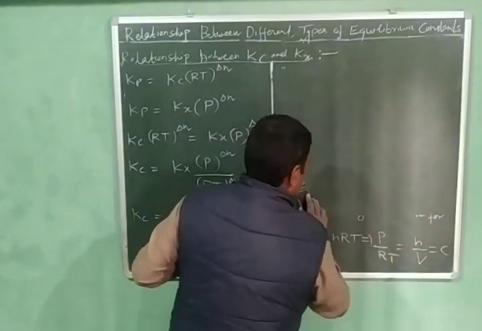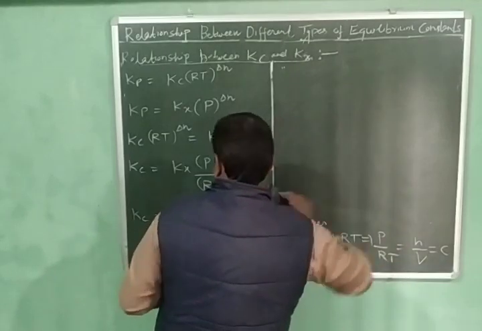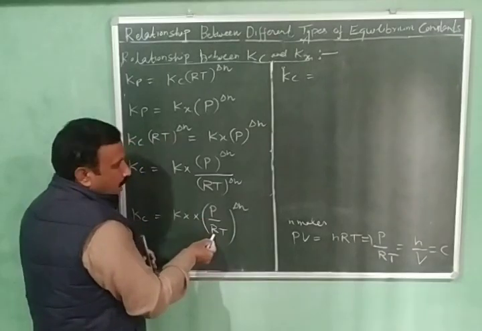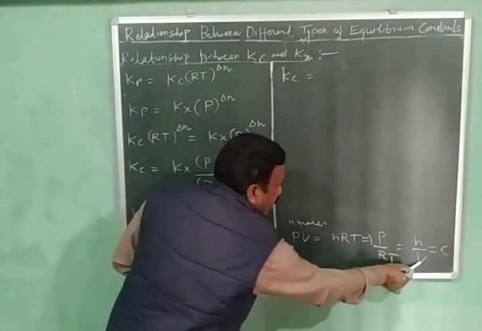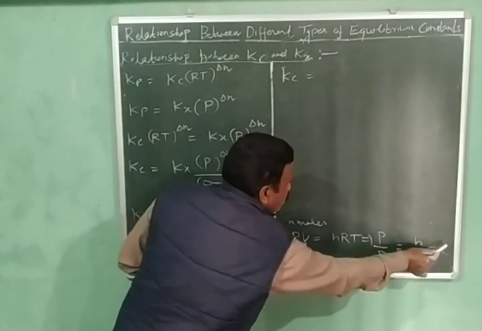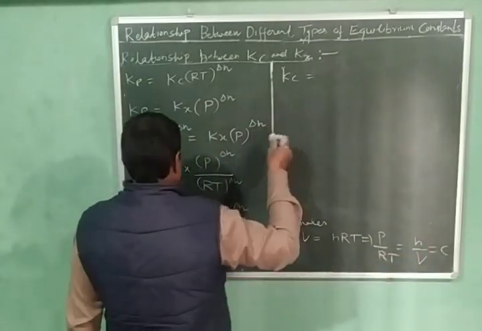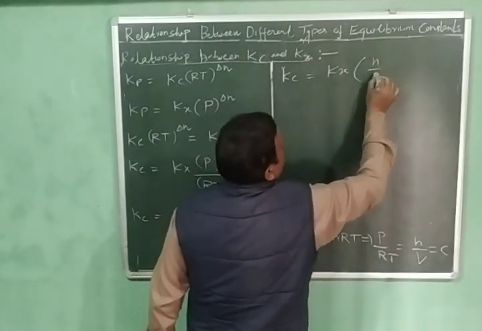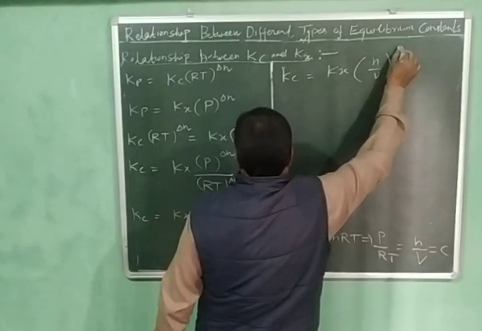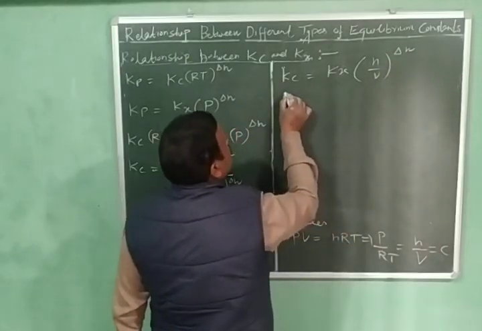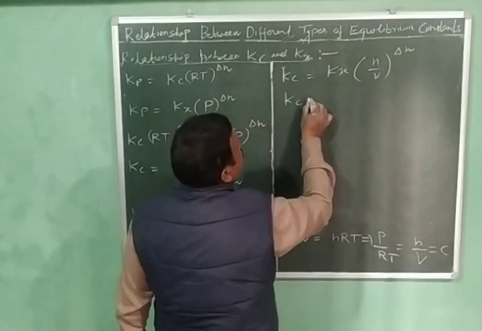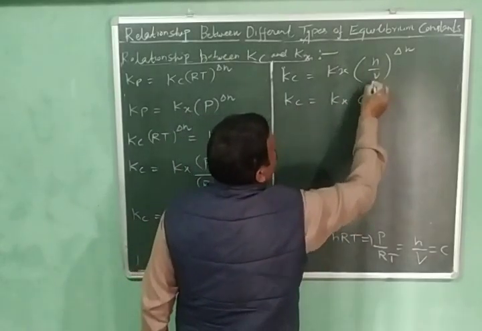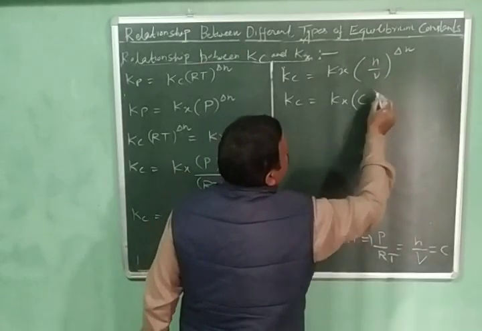Then Kc is equal to Kx into n upon V raised to power delta n, since P upon RT is equal to n upon V, and n upon V is equal to C. So Kc is equal to Kx into C raised to power delta n, where C is the molar concentration, that is the number of moles per liter.